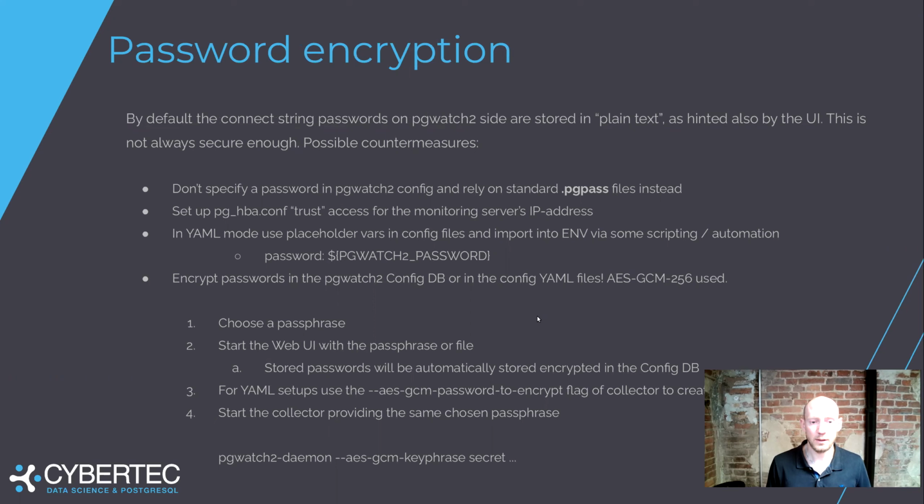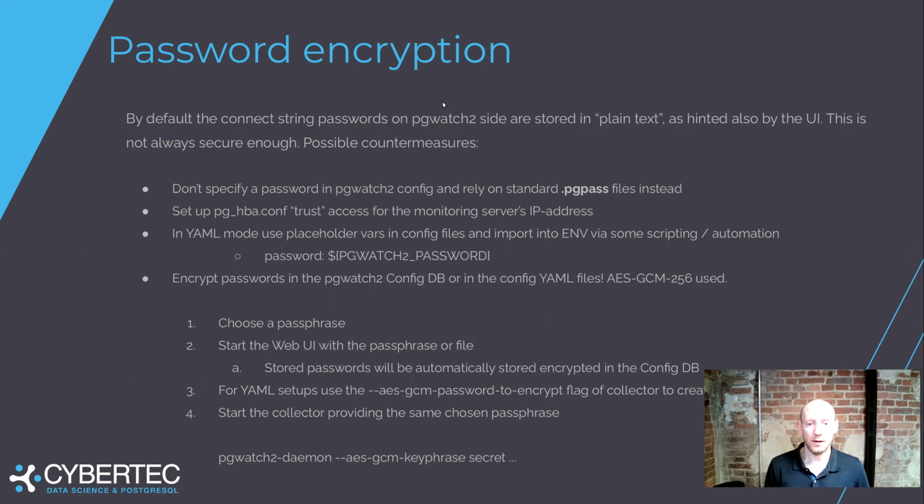Then a bit about security. I think I already mentioned that you can pretty much secure all the connections to remote databases, and create some admin users and specify passwords and such. And one aspect you would normally also want is password encryption.